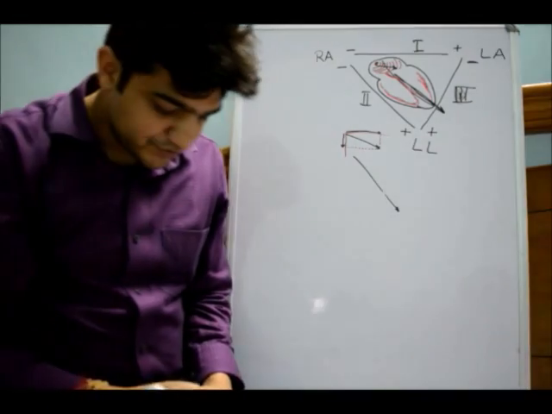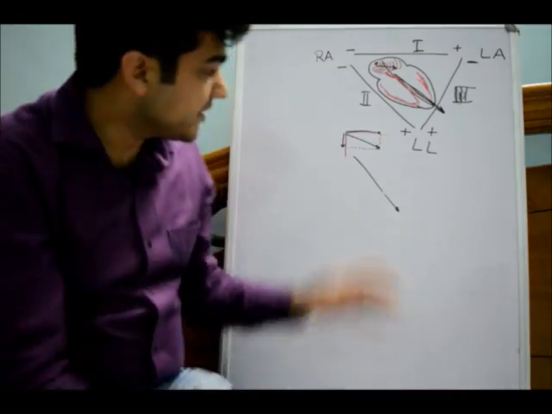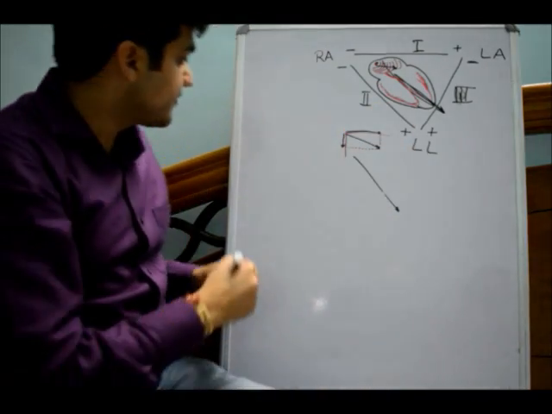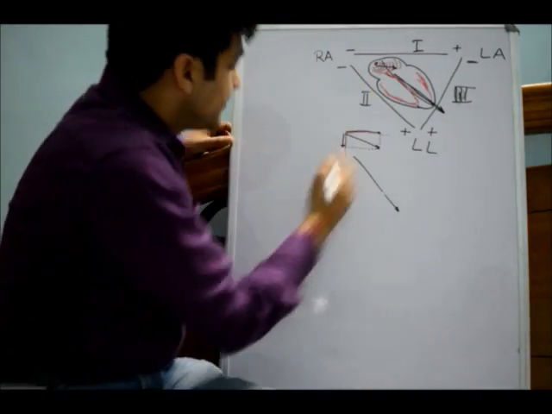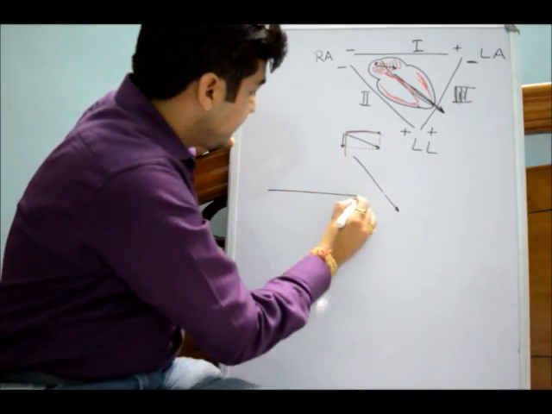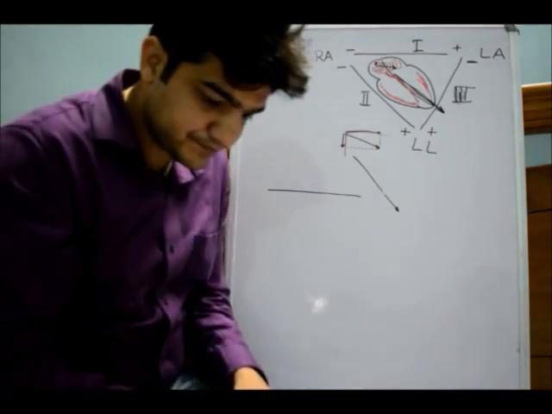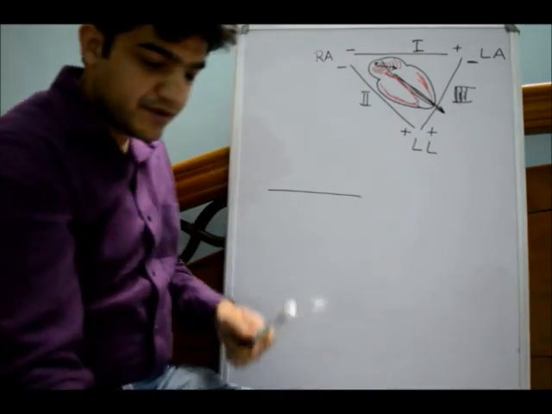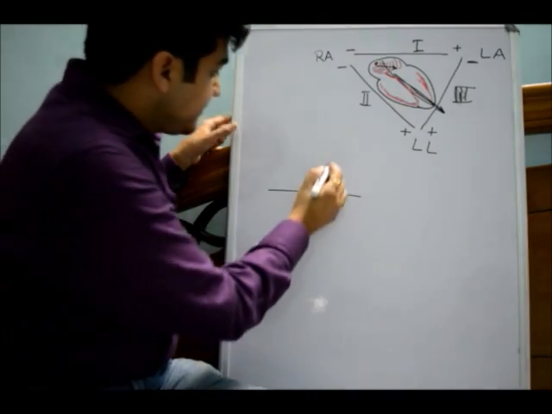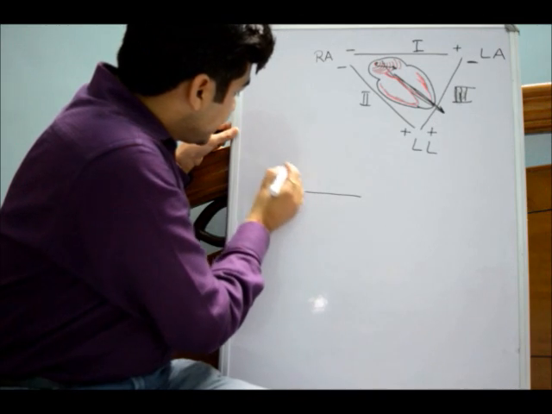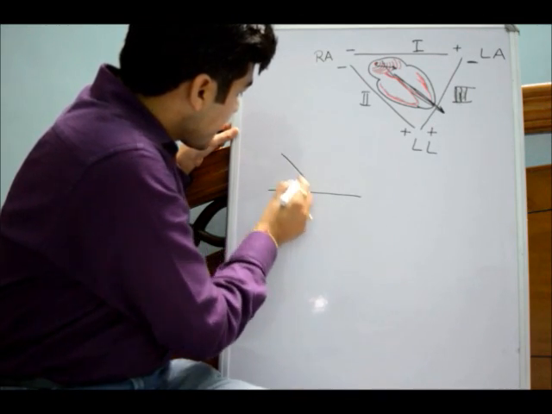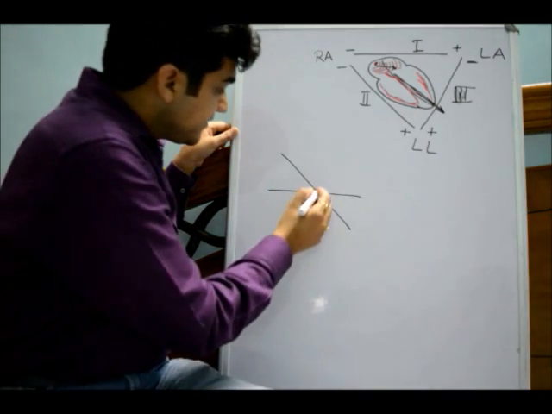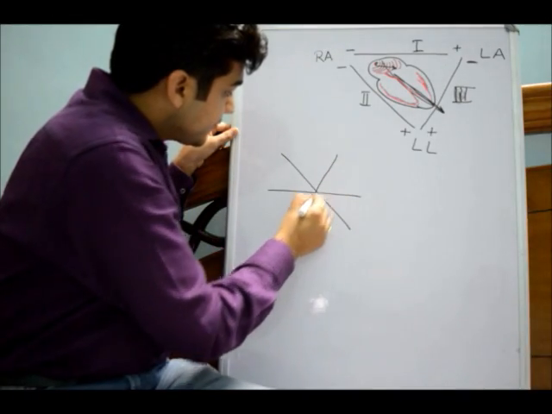Okay, so now how these three leads are arranged with respect to each other: one is this, lead 1. Then at 60 degrees to lead 1, you have lead 2. And at 60 degrees to lead 2, you have lead 3.